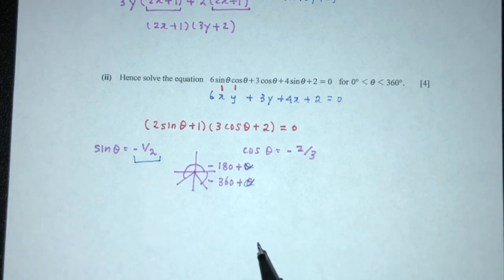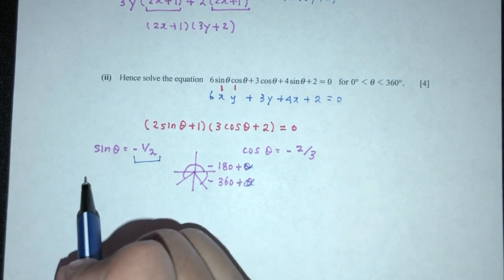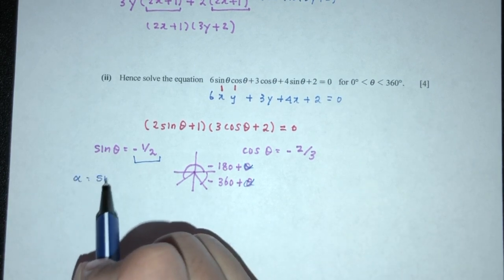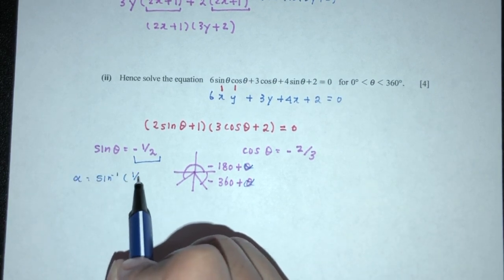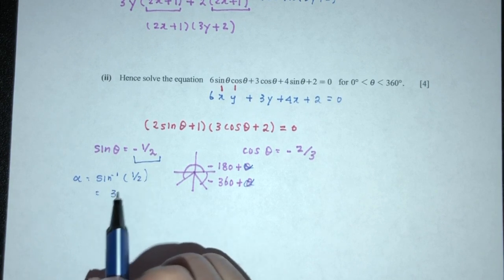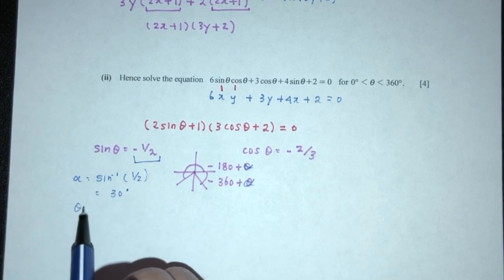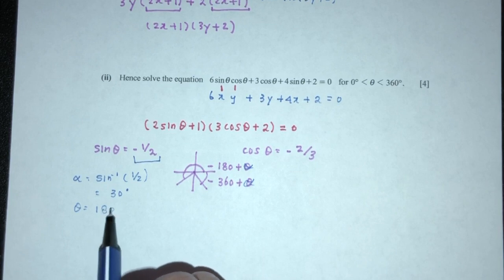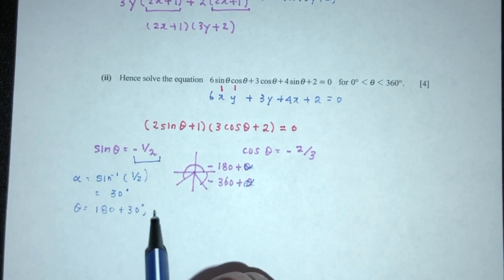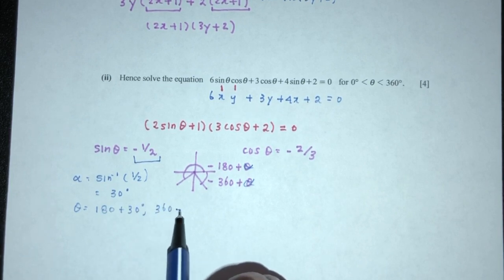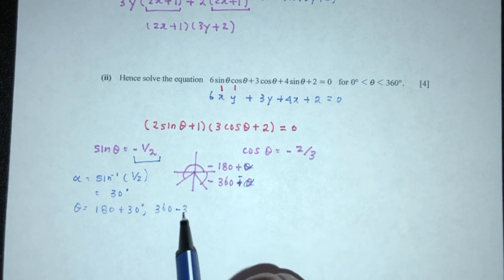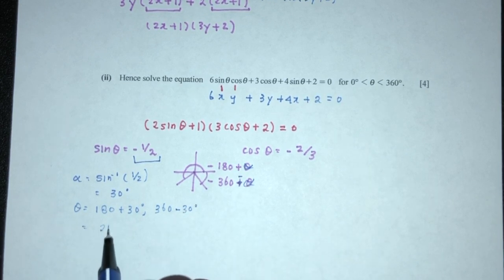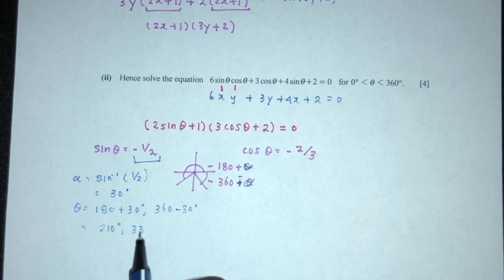Because it is negative, as you have seen before, the way I do my questions when it comes down to negative values, I like to work with a fake angle first. Let's first find alpha. Alpha will be sine inverse of the positive value here. That will become 30 degrees. So finally, theta is equal to 180 plus 30 or 360 minus 30. That will be 210, and here will be 330.